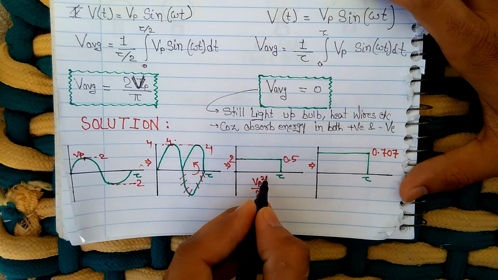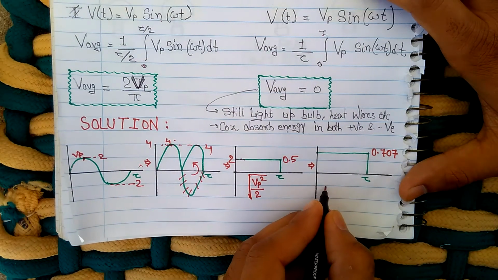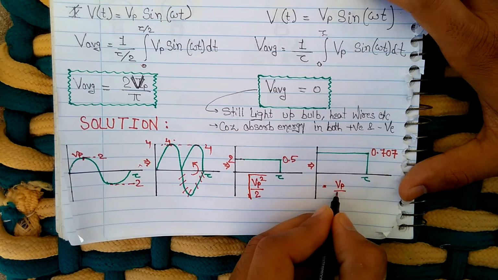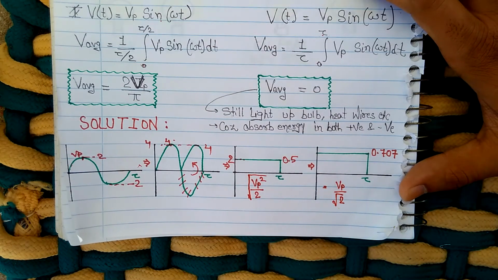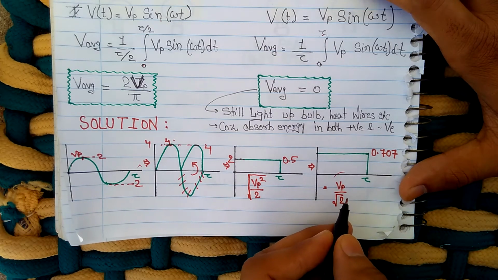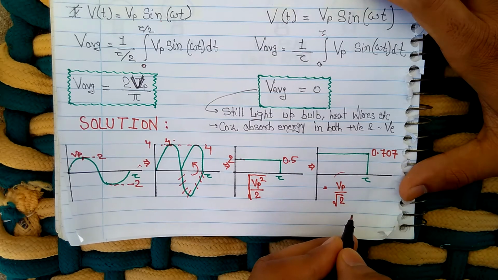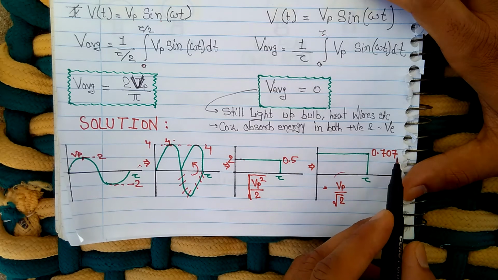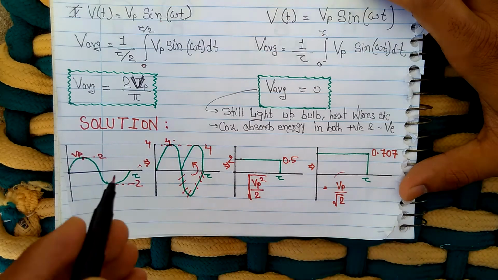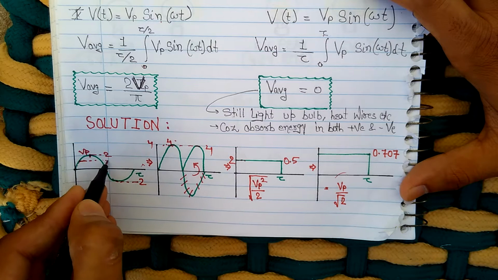That is, if I take the root of this, it will come out to be Vp by root 2. That we'll see in the mathematics also. So here we are seeing that the RMS value of some waveform is 1 by root 2 times, that is 0.707 times the peak value. If this was my peak value, my RMS value comes out to be somewhere here.